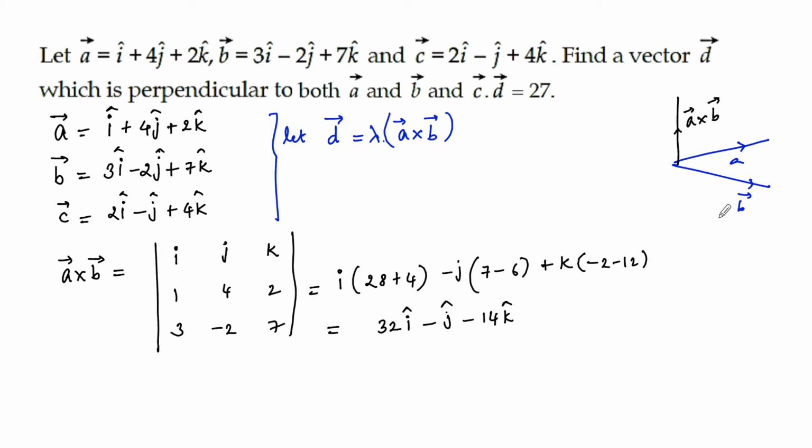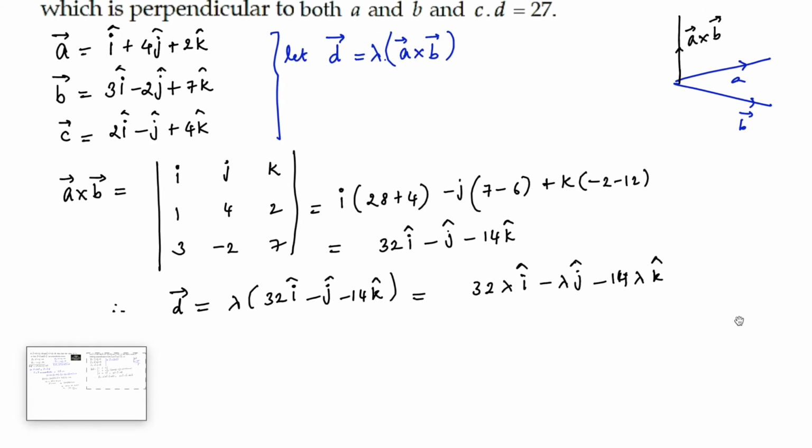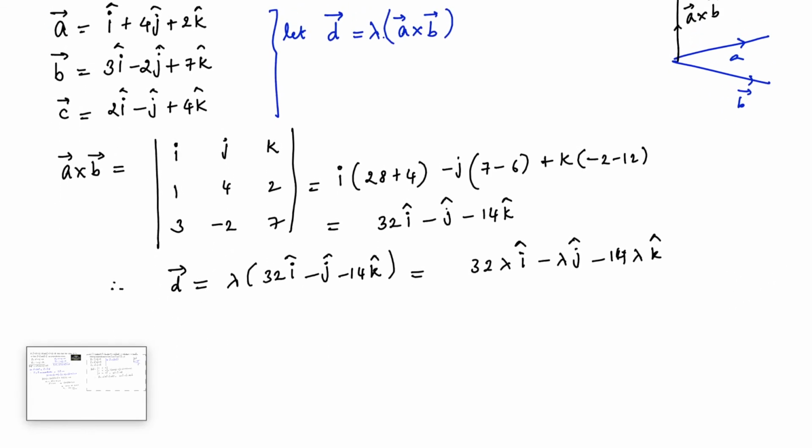So therefore the vector D is equal to some lambda times of 32i minus j minus 14k cap, or we can write 32 lambda i minus lambda of j minus 14 lambda of k, and also given that C dot D is 27.